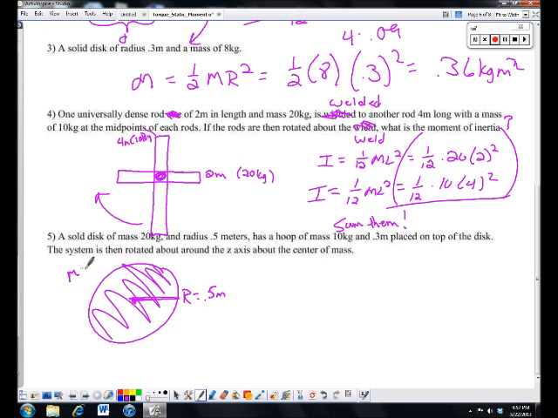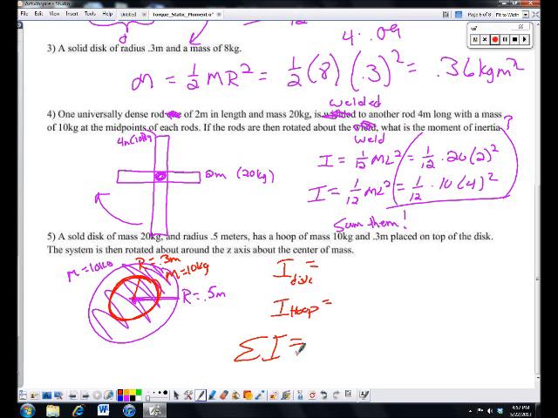I then stick on top of it a hoop, so it's hollow, with a radius of 0.3 meters, centered at the same place, and a mass of 10 kilograms. Again, I find each I individually, I of the disc and I of the hoop, and I simply have to sum them.